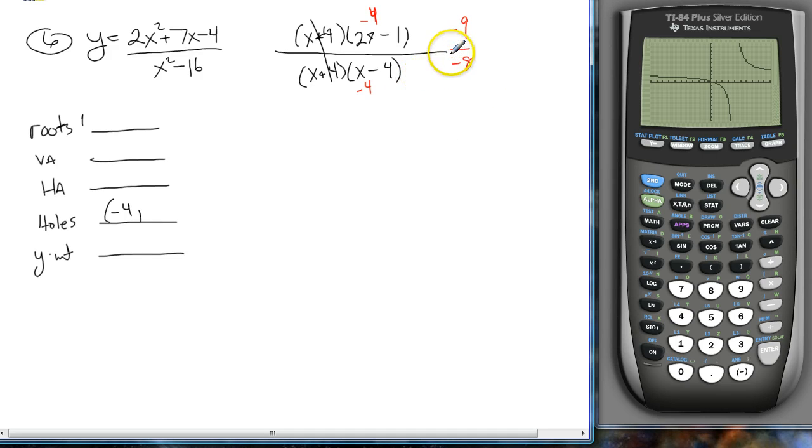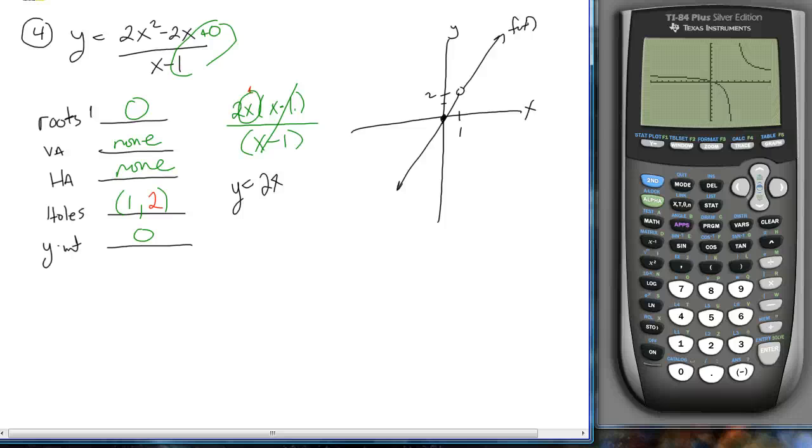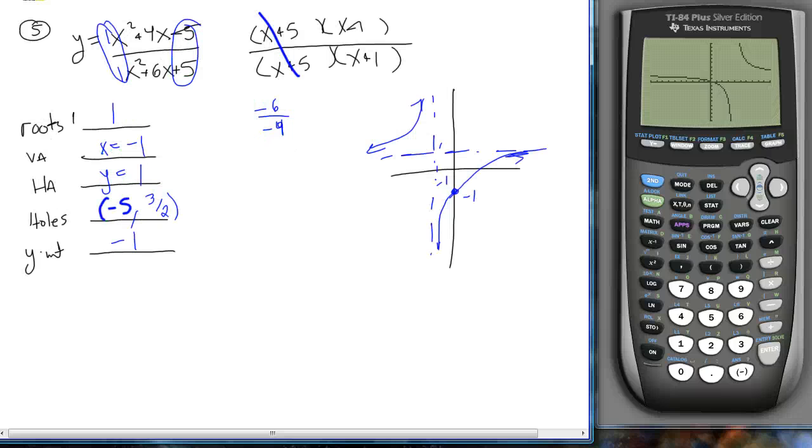So this hole is at negative 4, positive 9/8, because negatives cancel. Oh, that's not good. We forgot to draw the hole on this one. Sorry about that. There's a hole right there.